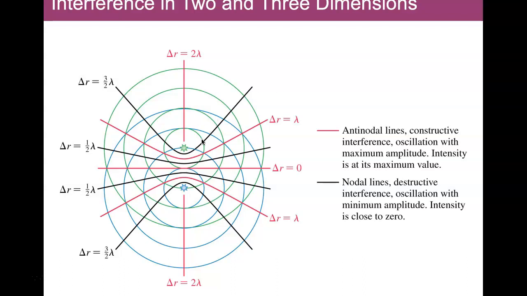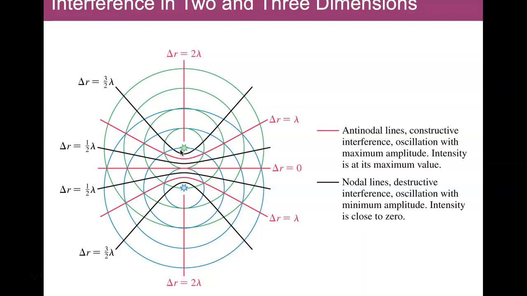And then the ones where you have a crest and a trough, so the trough is going to be halfway between two of these. So for example, a point here is on a green circle, halfway between two blue circles, so it's on a trough corresponding to the blue source, and on a crest corresponding to the green source.